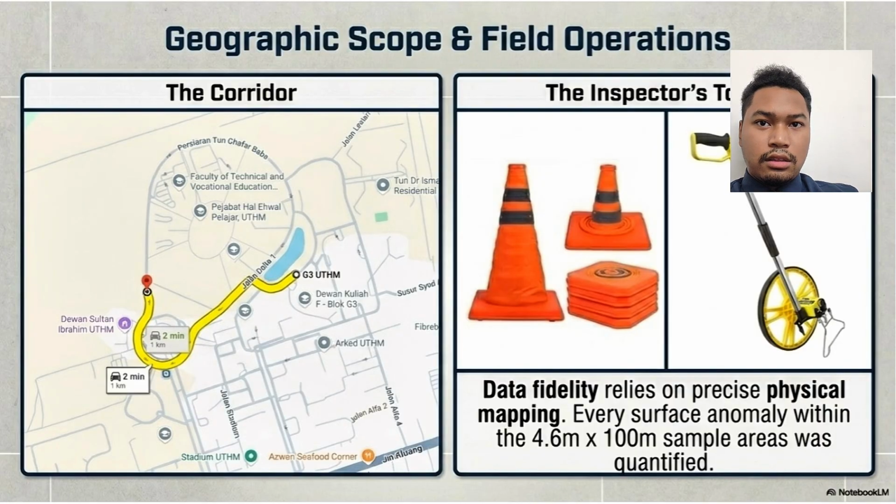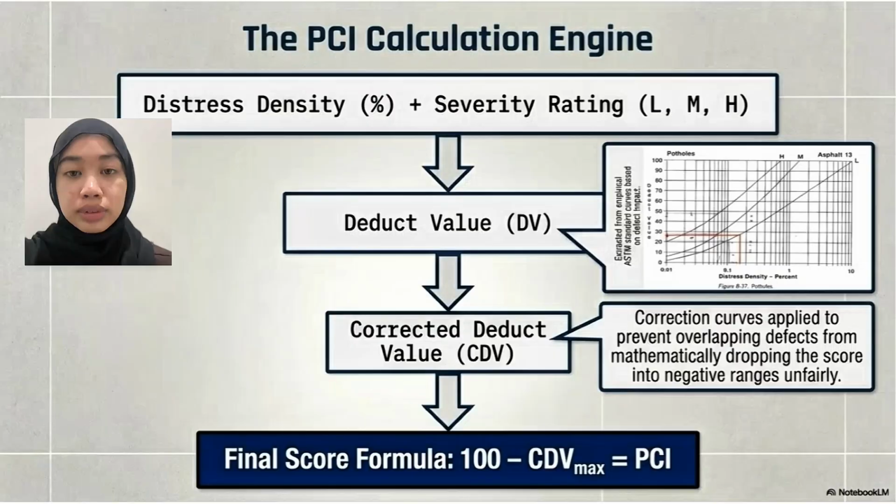The inspector toolkit on the right shows the tools we used: safety cones for traffic control and a measuring wheel for distance tracking, to ensure high fidelity. Every surface anomaly within the 4.6 meter by 100 meter sample area was precisely quantified.